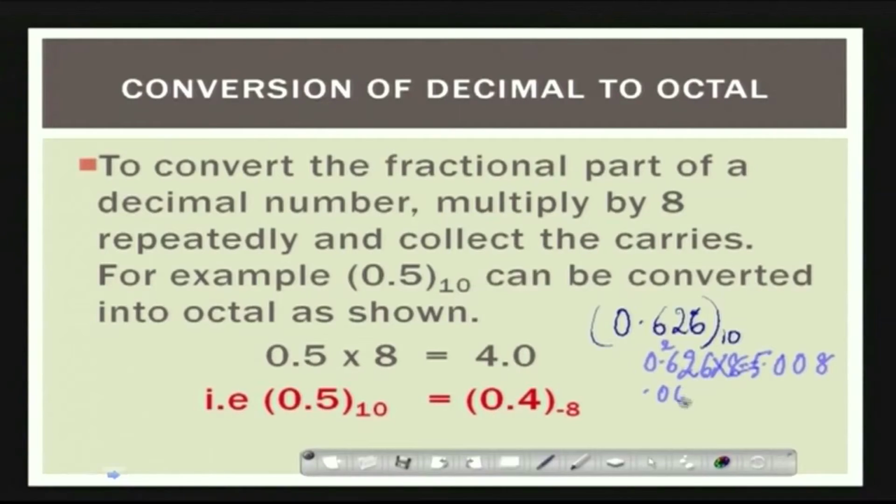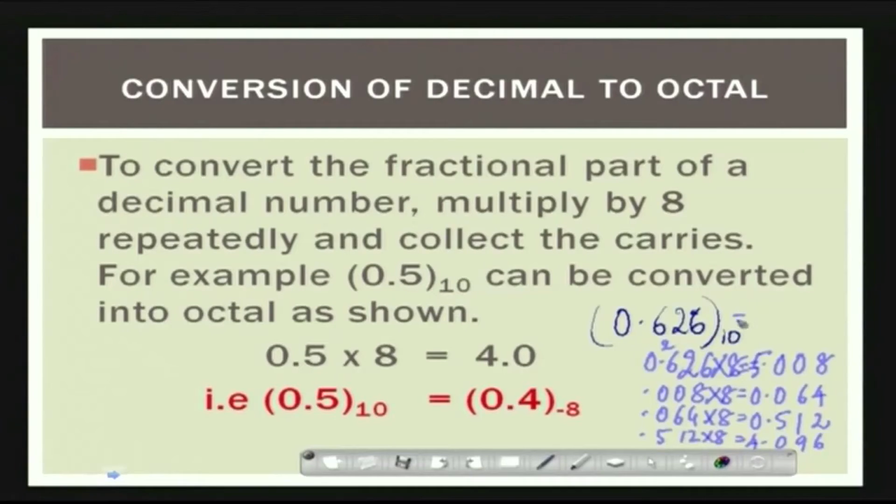Now, we have the number 0.008, which can be again multiplied by 8, and what you will be getting will be 0.064, and 0 as a carry. Again 0.064 can be multiplied by 8, like this you can go on. What you will be getting will be 0.512, carry 0. Again 0.512, if you multiply by 8, you will get 4.096, and you can see you will get a carry 4.